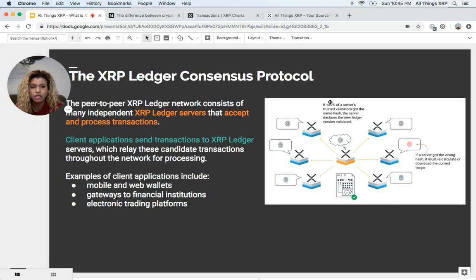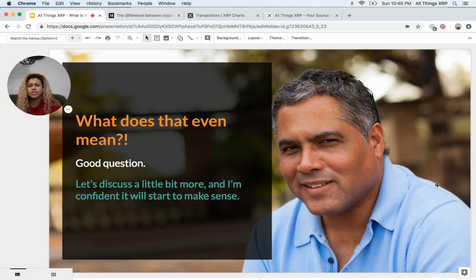So in honesty, it requires greater than 80% of the servers to validate the transaction in order for it to be written. So if a server got the wrong hash or doesn't recognize the transaction, then it should throw that transaction to the side and download the correct ledger from the other servers that correctly updated.